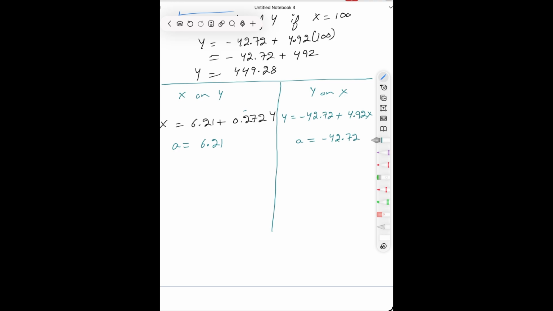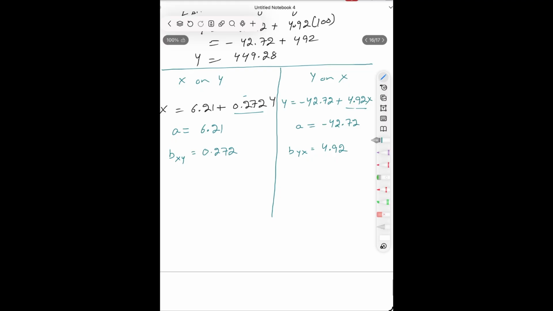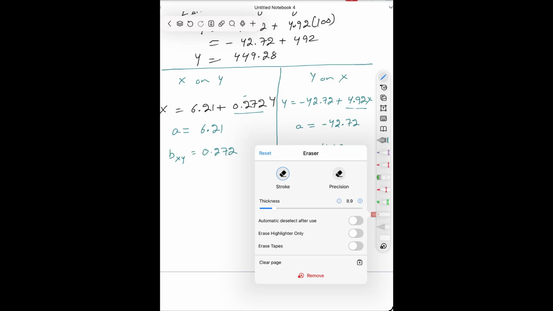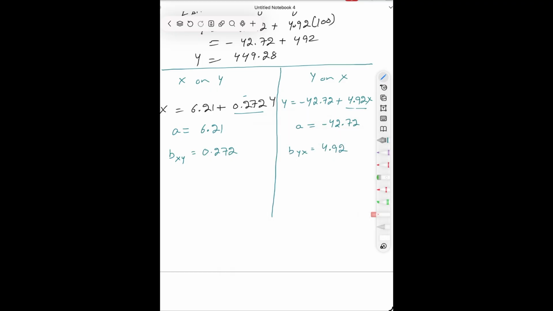But if I ask you about bxy, the regression coefficient of x on y, this will be 0.272. And what about byx? This will be 4.9. Now there are some interesting facts about the regression coefficients. What are those facts?